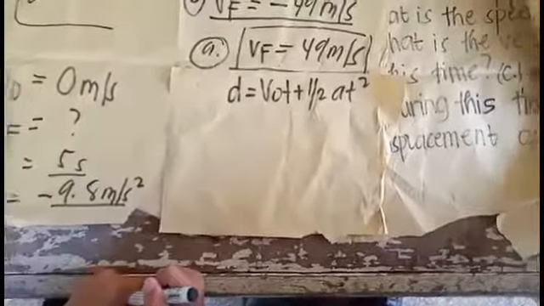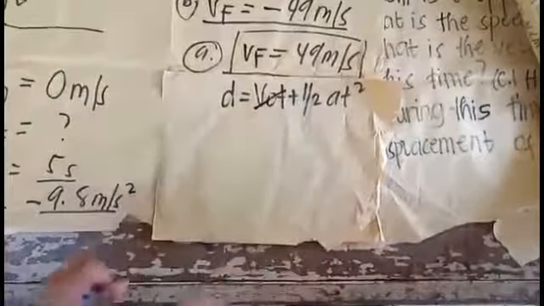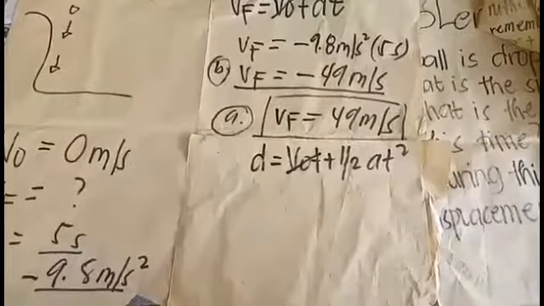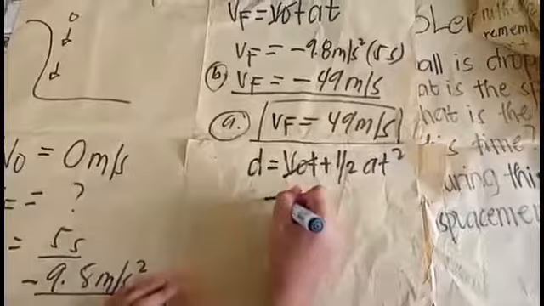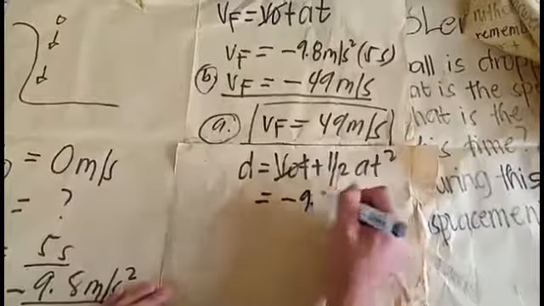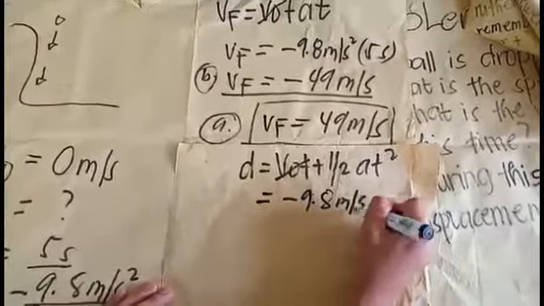Since our V naught is 0, we're going to cancel it, and we just substitute a, which is negative 9.8 meters per second squared, and time, which is 5 seconds.